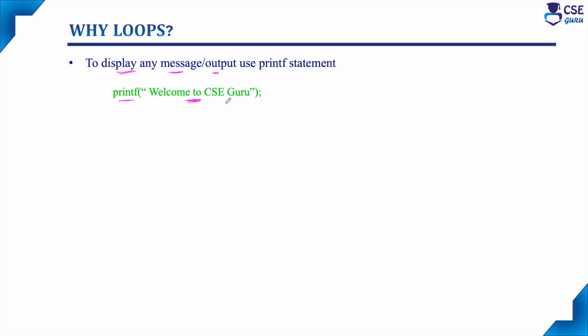So this statement helps to display the message one time on the output screen. Suppose I want to display the same message one more time, what do we need to do? We need to use one more printf statement, then open bracket, within double quotes Welcome to CSEGuru, close the bracket and place the semicolon. That is, the same statement we need to repeat one more time.